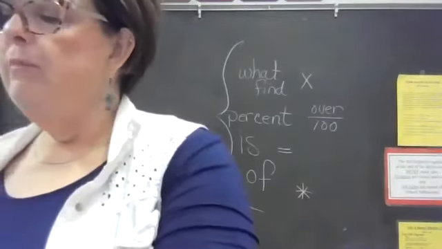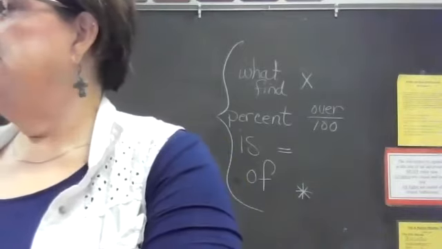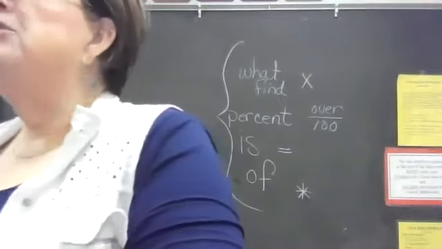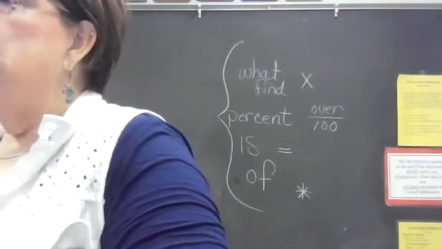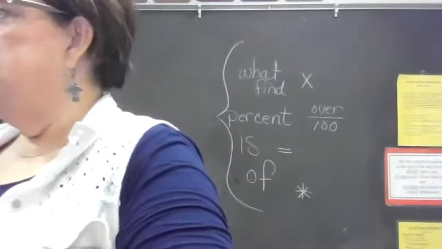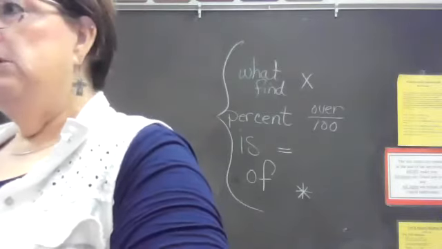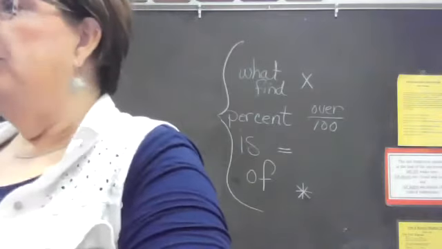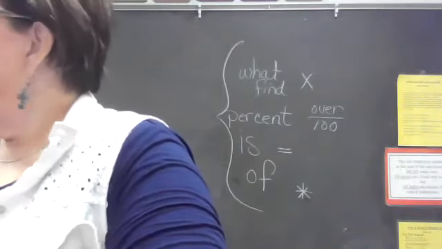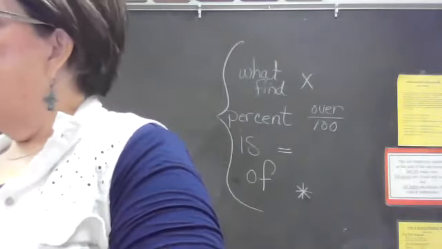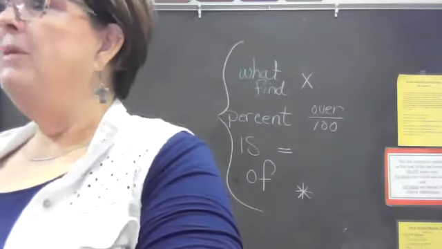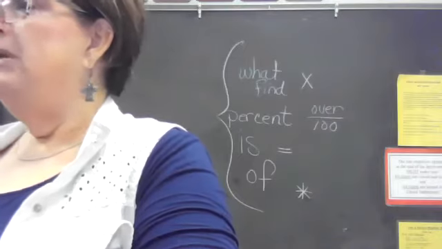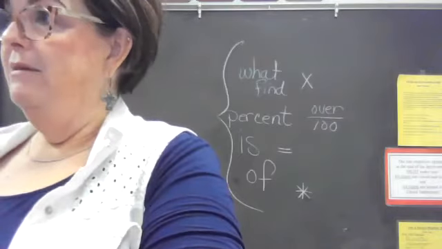Because some of the problems that you're going to see, they're going to say a basketball team made this many shots. They made this many, and so they want you to find the percentage. Well, when you get that answer, the answer you got is how many they made, but they might be asking you how many did they miss?